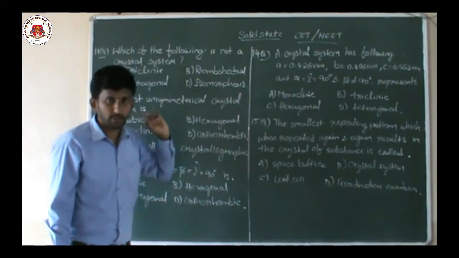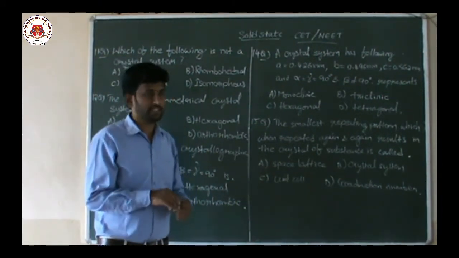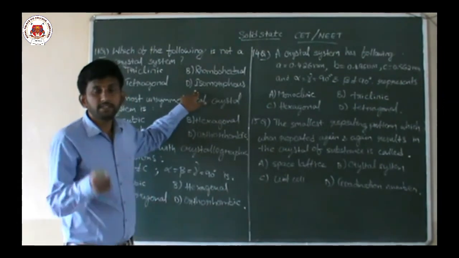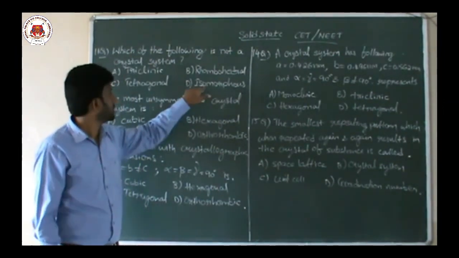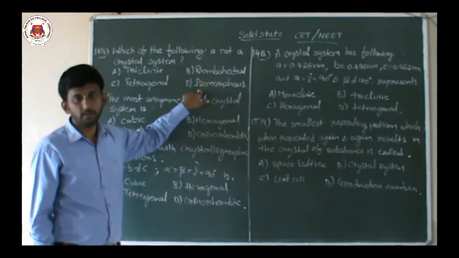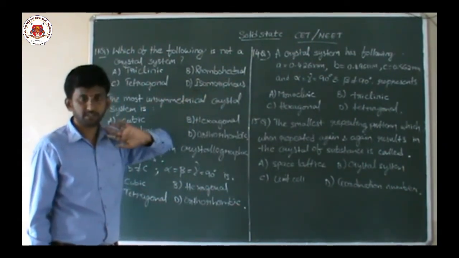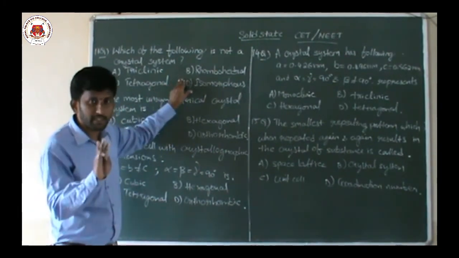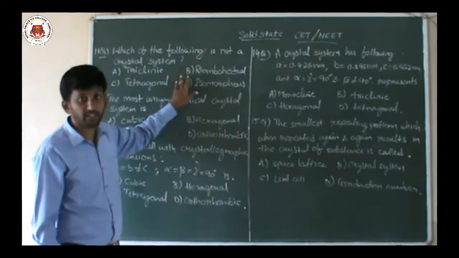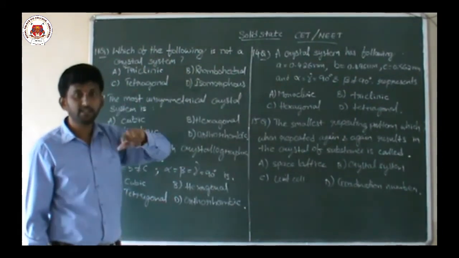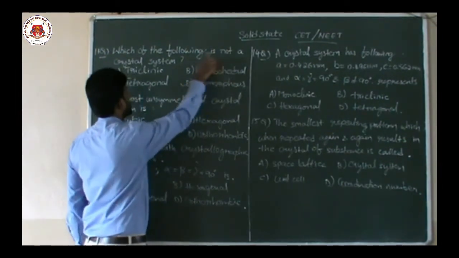Like that only, if different compounds exist in the same type of crystal lattice, then we call those isomorphous crystals. So this is not the basic classification of crystals. This is not a type of crystal system. It is a classification. So option D is not a crystal system.